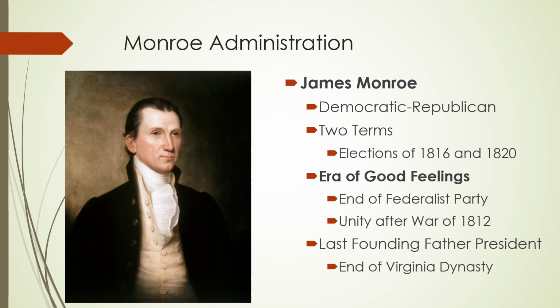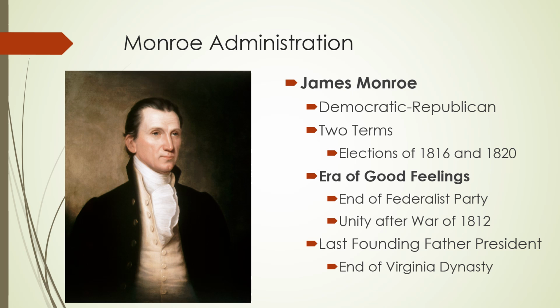They don't wear the knee-length breeches anymore. They don't wear the long coats. They don't wear three-cornered hats. By this point, men are dressing more how we think of 19th century dress: long pants, top hats.